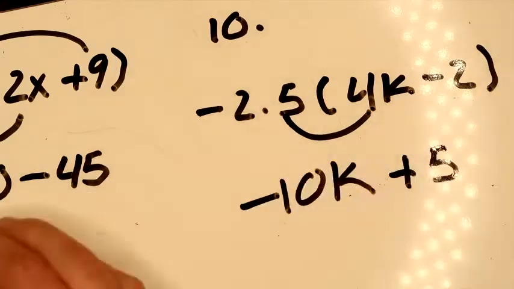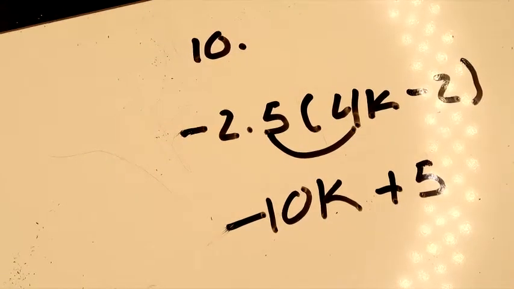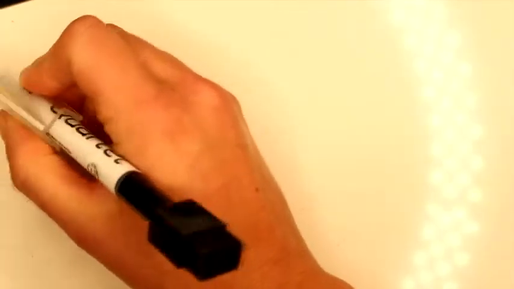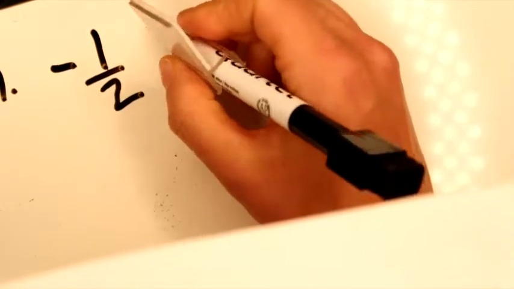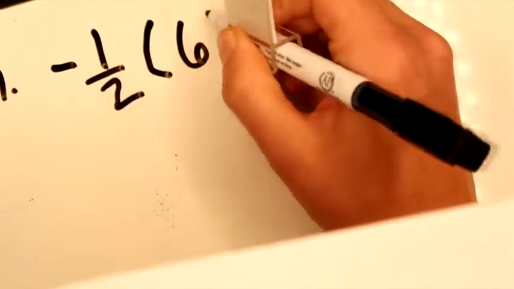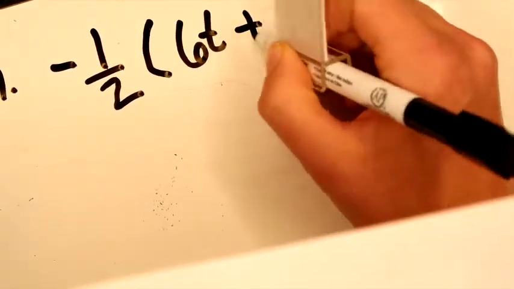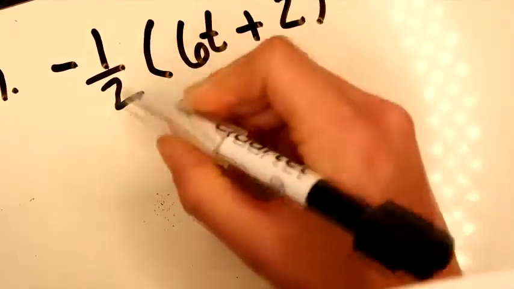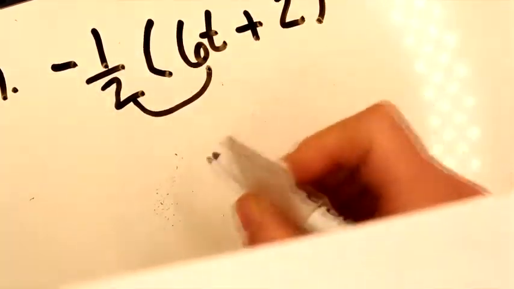Now I'm going to erase number 9 and 10 real quick. Number 11 is negative 1/2, or I should say negative half, times (6t plus 2). And we're going to distribute this half.